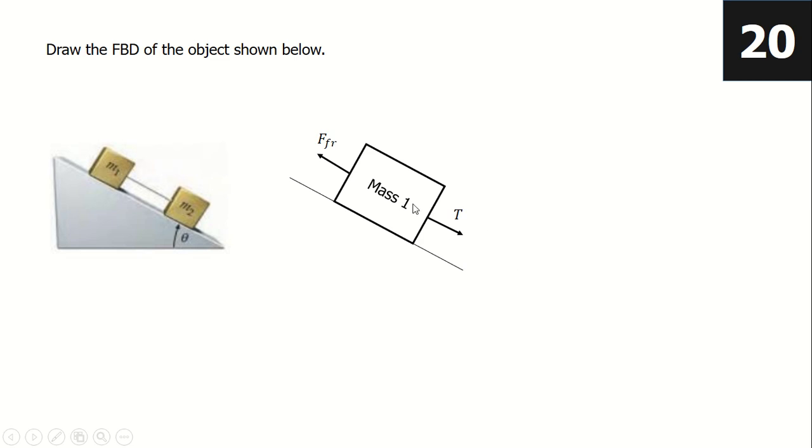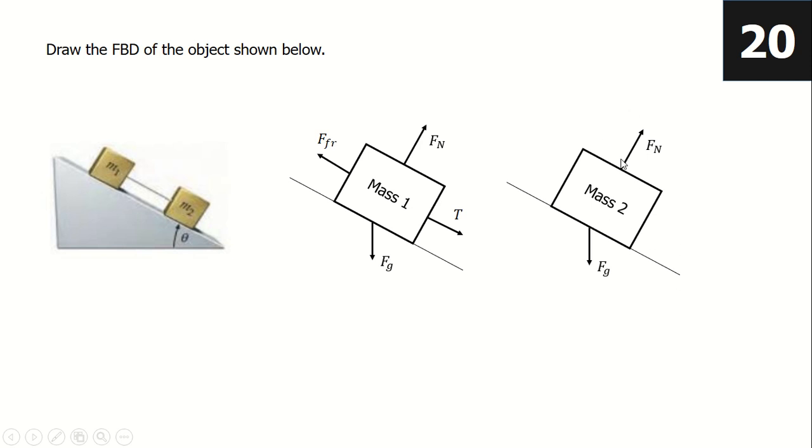Since we assume that it's moving downward, we have a frictional force due to the interaction of the molecules of the bottom of mass 1 with the surface of the ramp. Okay? So the direction of the frictional force is opposite the motion. Again, as a while ago, gravitational force will be straight downwards, and the normal force will be perpendicular to the surface.